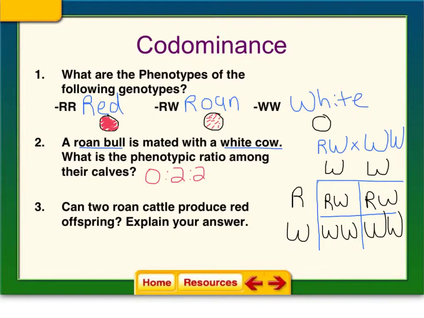So if we look at our Punnett square, we have 0 big R, red cows, 2 that are big R, W, so roan, 2 that are big W, and we can reduce that to a 0 to 1 to 1 ratio.